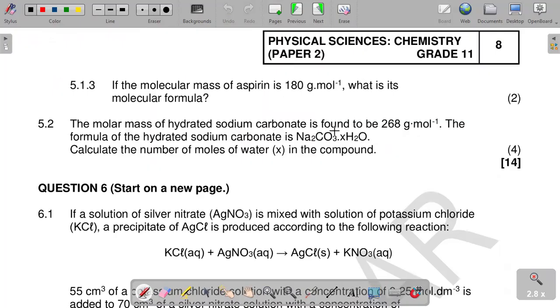The hydrated compound was found to be 268. So we have to find sodium carbonate alone, isn't it?